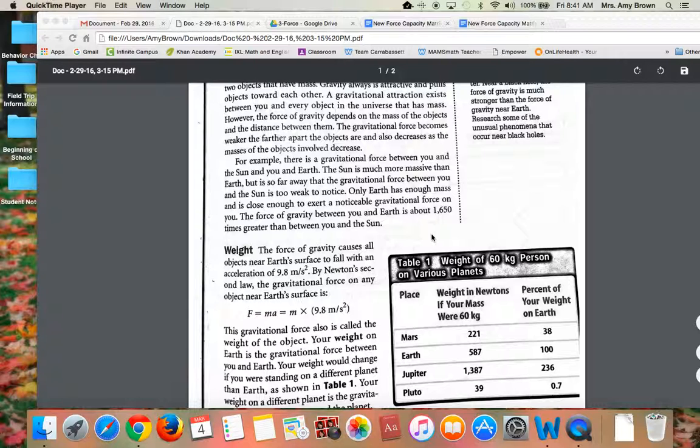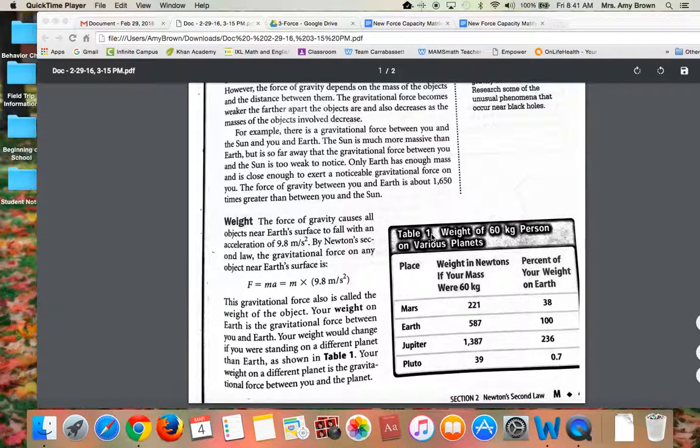This gravitational force also is called the weight of the object. Your weight on Earth is the gravitational force between you and Earth. Your weight would change if you were standing on a different planet than Earth, as shown in Table 1, which is right over here. Your weight on a different planet is the gravitational force between you and the planet.